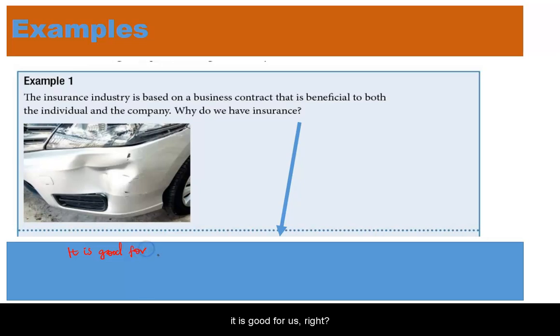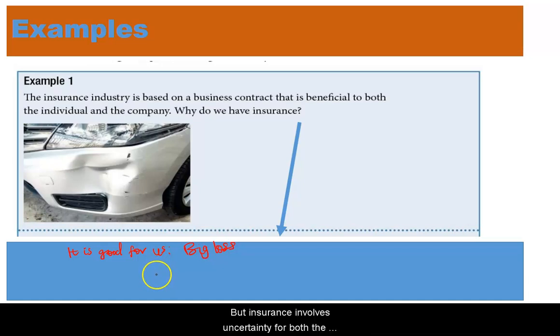It is good for us, right? It is good for us in times of a big loss. When you have a big loss, you will be covered by the insurance company. It is also good for the company because they may have a large number of people insured and there are just a few small claims, so the insurance company will also make a profit.